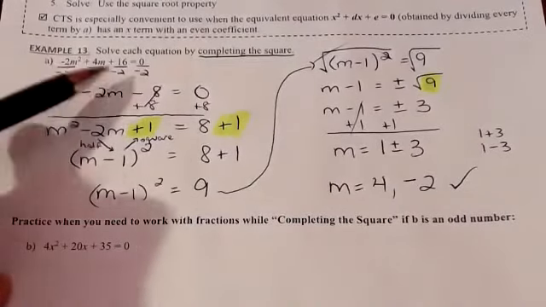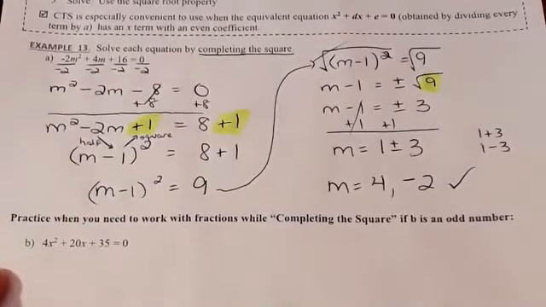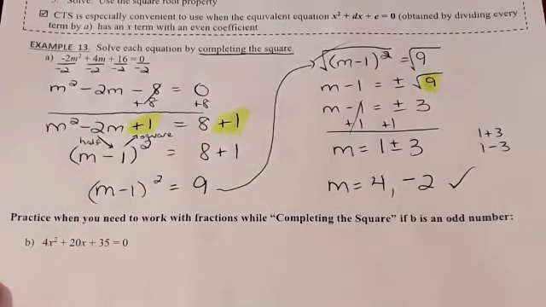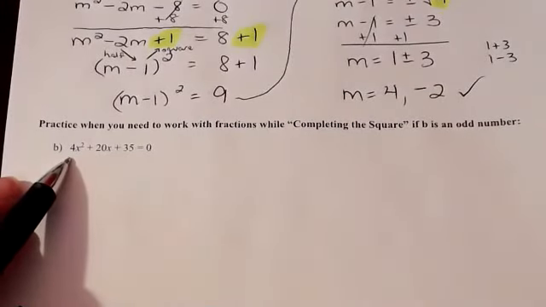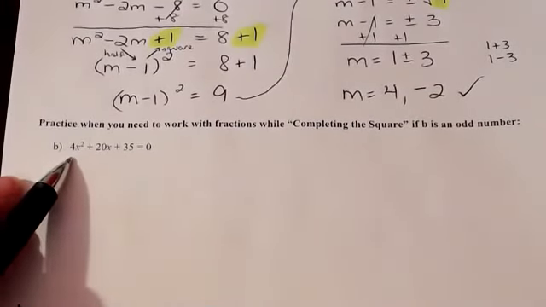You're right, and divide it out. Here's the uncomfortable part. It doesn't have to be a GCF. If you needed to, you could just divide by whatever that coefficient is.